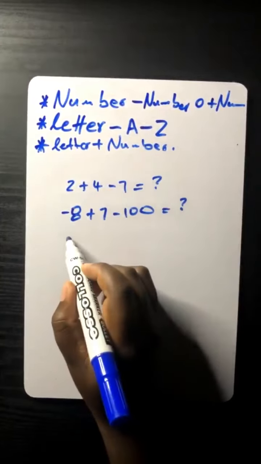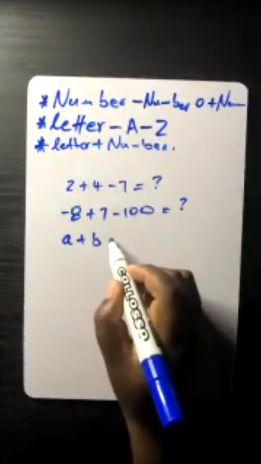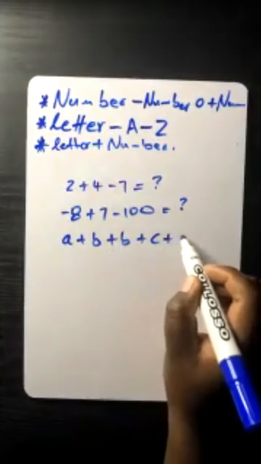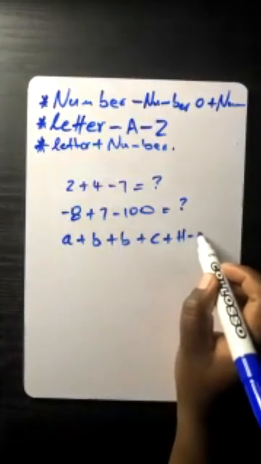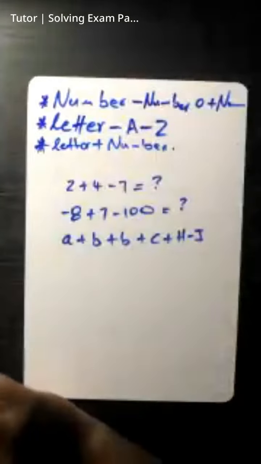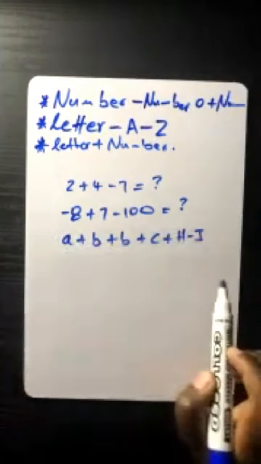They can say, what is A plus A, B plus B plus C plus H, A minus J. Can you see, you've got an expression in terms of letters, of which they want you to work out the whole of that.